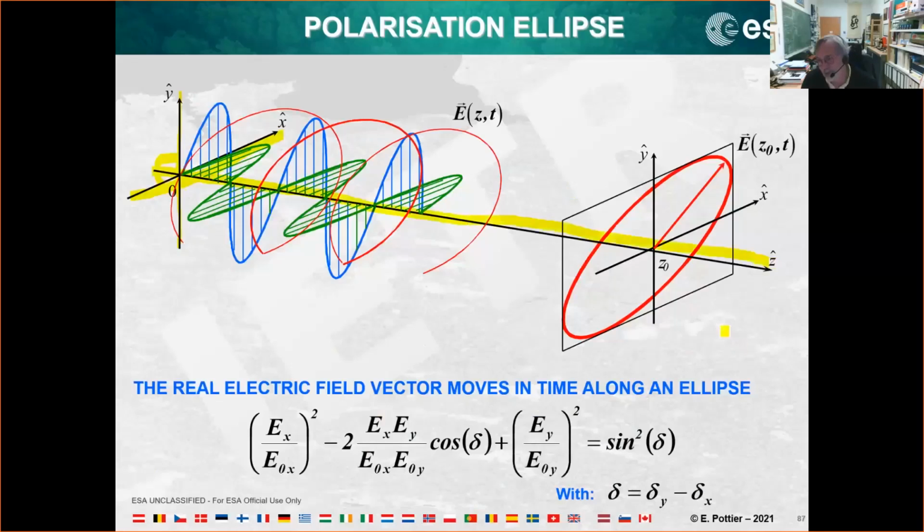Okay? So I stop on the coordinate Z0. And the plane is defined always in the X, Y coordinates at the point Z0. Okay? So the plane is the X, Y plane.